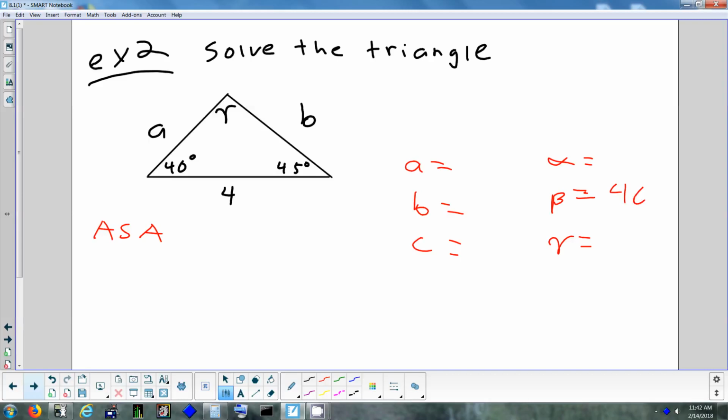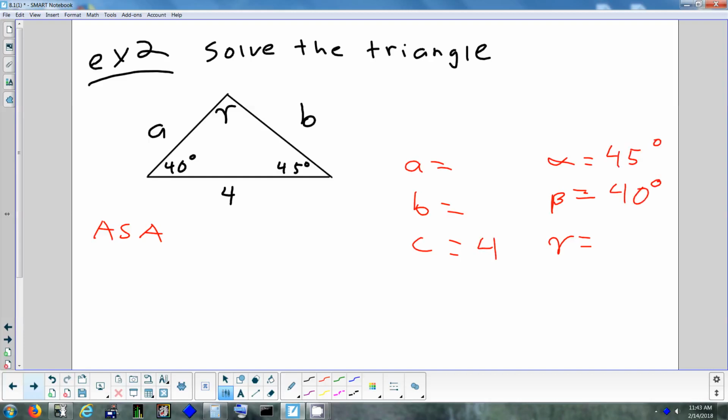It's beta. And what about the 45? That's alpha. And same thing with 4, they didn't label it, but it has to be, it's the only side that we don't have labeled, C. Do I have a row with everything in it? Do I have a row that I could find something and then have everything in it?